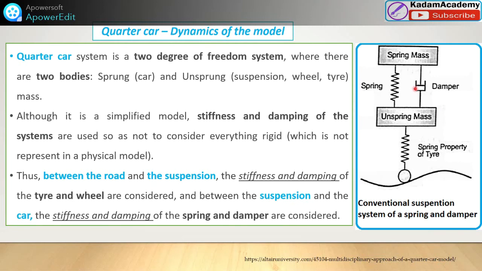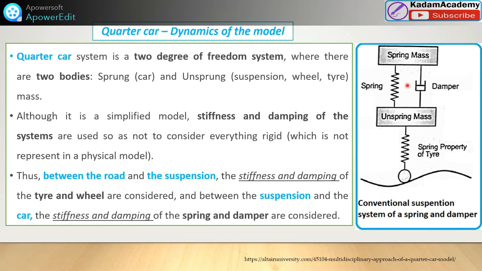Some companies are providing this kind of suspension system. According to what kind of road we are traveling on, we can utilize the semi-active or the full active suspension system.